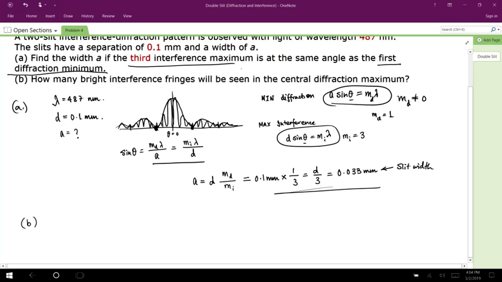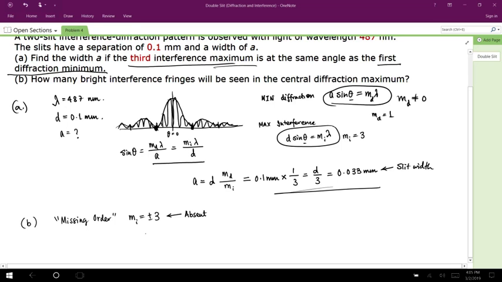Although it is a maximum, it's really a dark spot because it's also the first diffraction minimum. We sometimes refer to this as a missing order of interference. What does missing order mean? It is the order of interference for which the diffraction part of the pattern has a zero of intensity. Because of that, the interference order, although it should have been present, is actually absent. It's not seen. And this is happening when m_i is equal to plus or minus 3. This is an absent order or missing order.